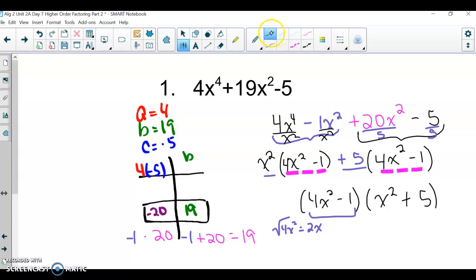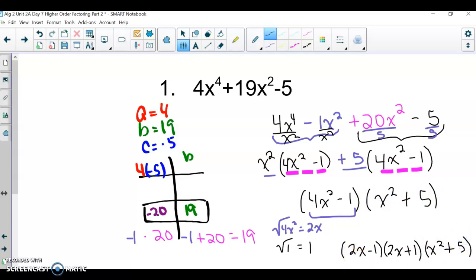And then we do the square root of 1, which is just 1. So now we've broken that down into the difference of squares, 2x minus 1 and 2x plus 1. Bring down the x squared plus 5. Can I simplify that anymore? No. We just leave it out in front.